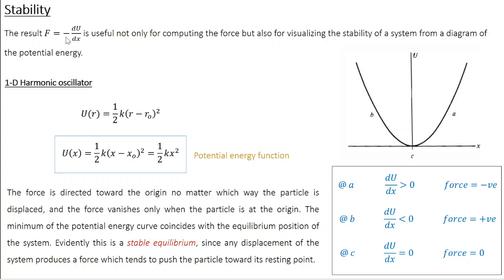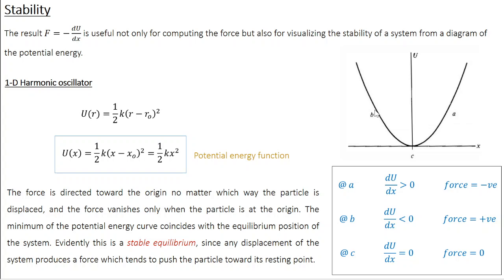And force is nothing but the negative derivative of the potential, minus dU/dx. Since dU/dx is positive here, the corresponding force is negative, which means if you have a particle at this position, then the force will act in such a way that it tends to move the particle in the minus x direction, in the opposite direction.